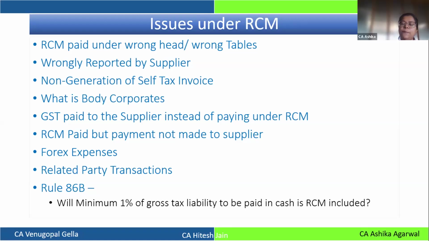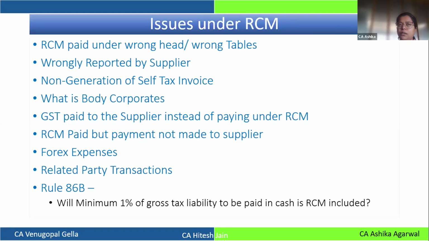But in IMS, we only get the option to accept, reject, and keep pending for all other items. For RCM transactions, we haven't been given this option, but it would be good if they can give it. The reason being, due to wrong reporting by the supplier, at least the recipient will not suffer. However, the same is still not operational.